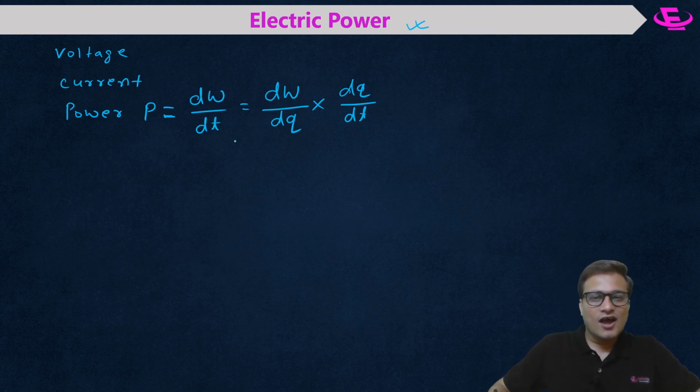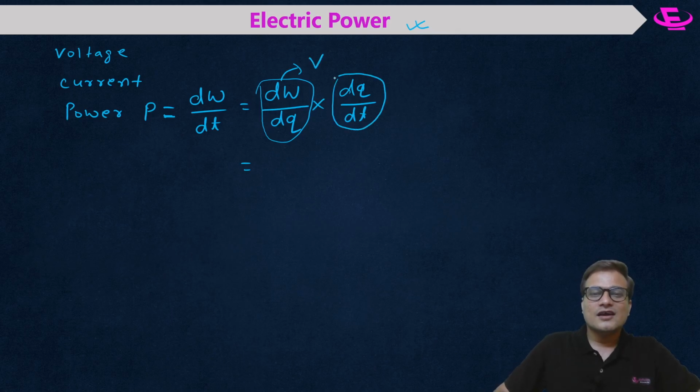Nothing. Now, what have you defined? dW upon dQ is nothing but potential V. dQ upon dt is nothing but current I. So here you can write power equals V into I. This is a very important formula.